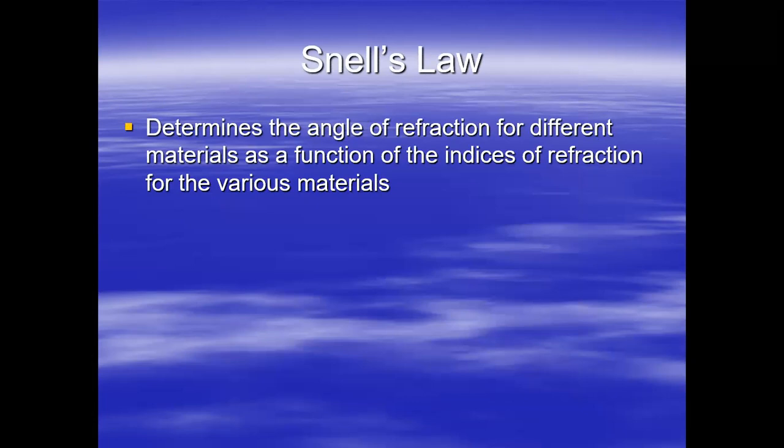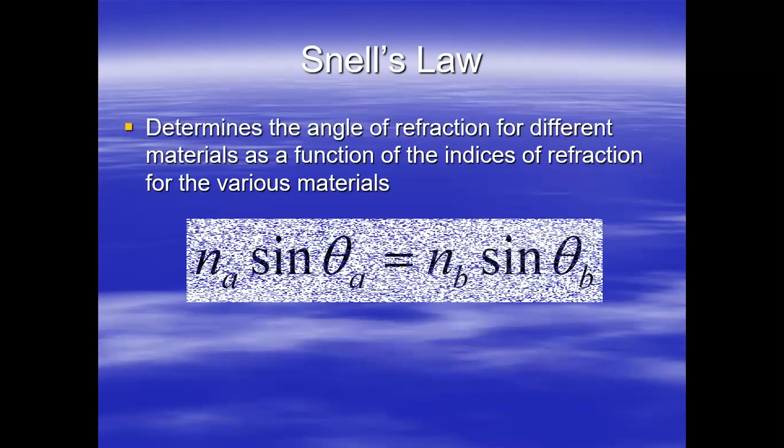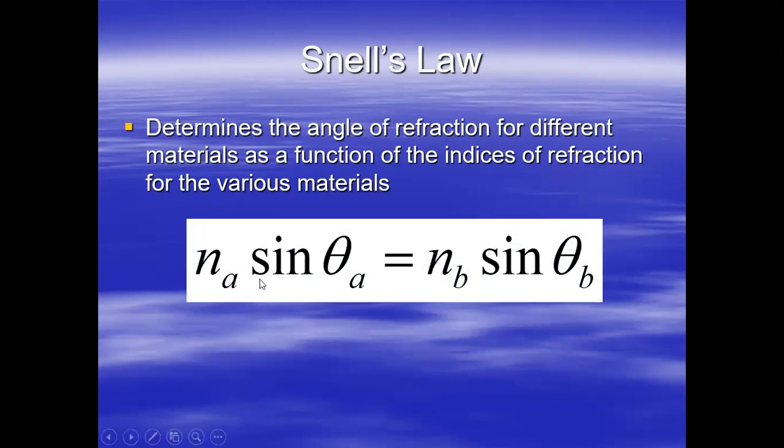So this ratio has to stay constant as we use Snell's law. So it's the ratio of the index in the first material times the sine of the first angle measured from the normal is equal to the index in the second material times the sine in the second material. And we're going to work examples of this so you'll see, but the product has to stay constant.